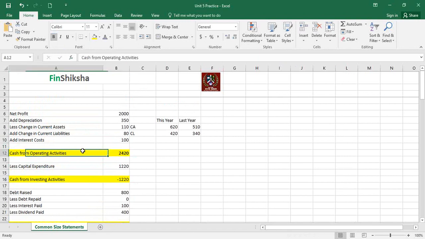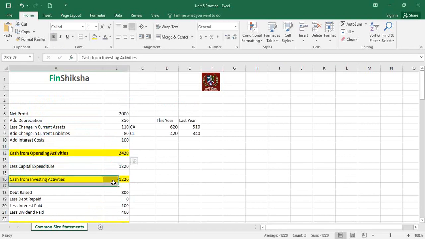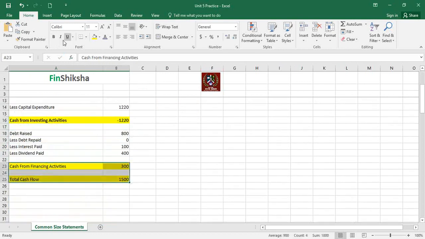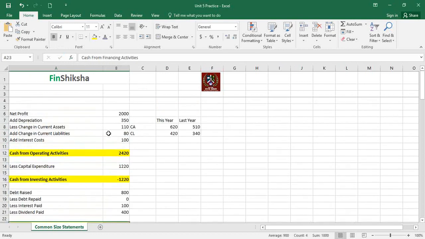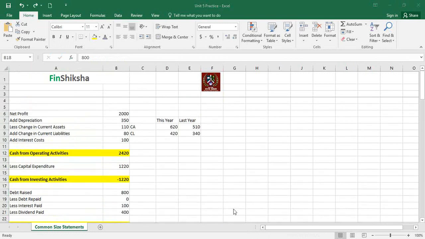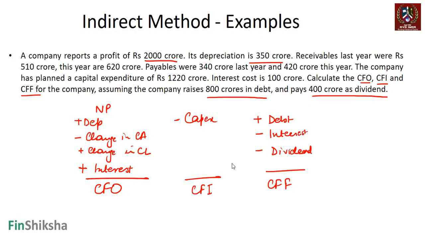So effectively that's the set of numbers we get. That's how we solve for any such question and arrive at the final numbers. Does the company need to raise this 800 crore? Even if we remove this, they don't need to raise this 800 crore because they are generating enough cash. We can play around with these numbers, change some of these numbers to understand how we go about putting this into the context, right?